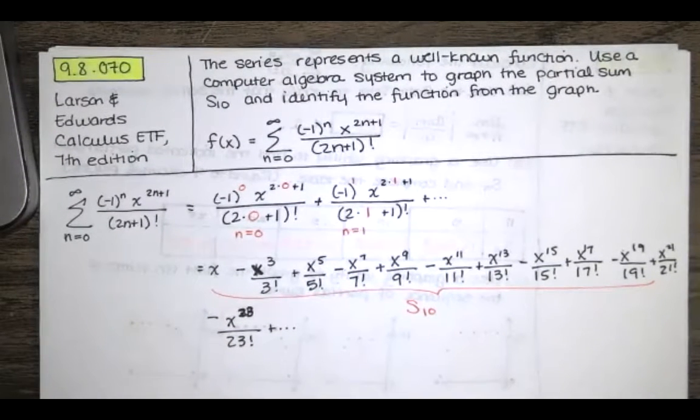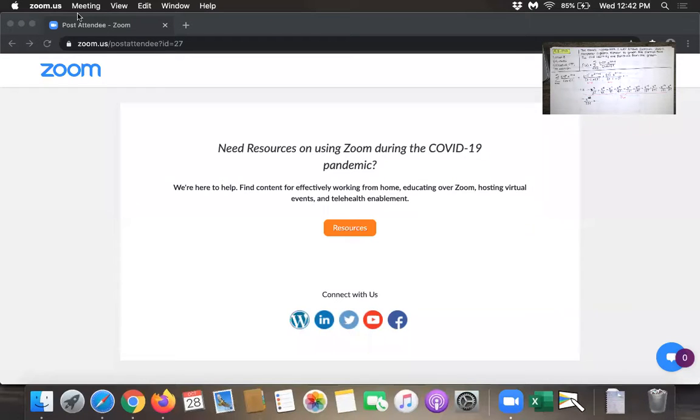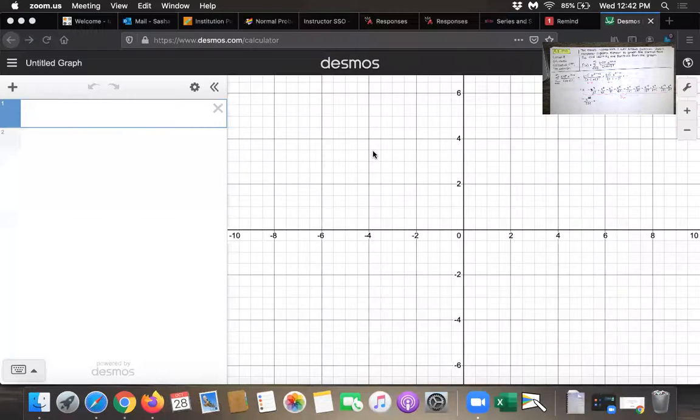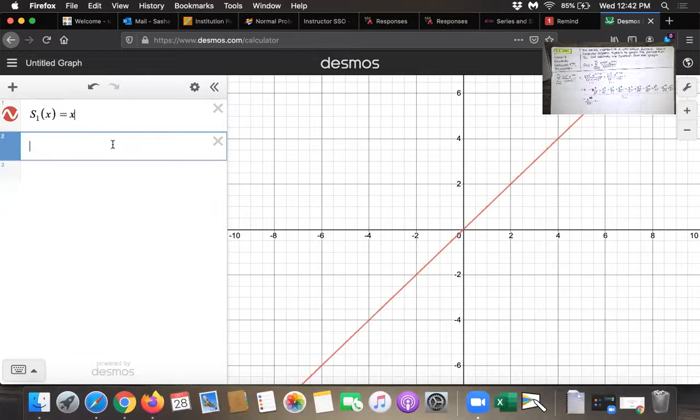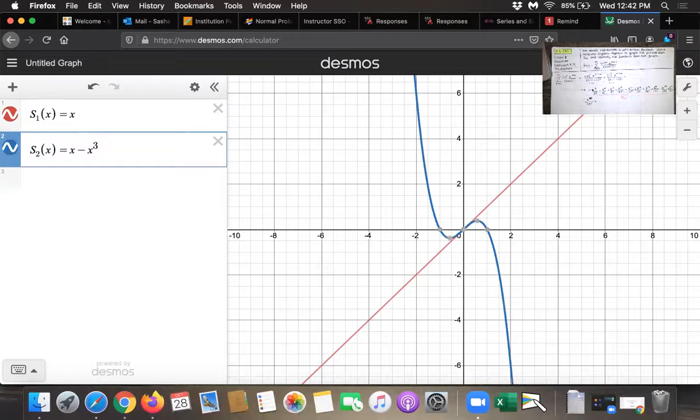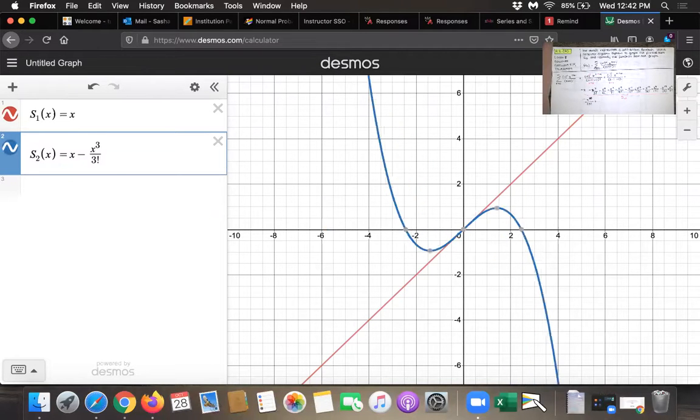I'm going to use Desmos.com. So I'm over here in Desmos, and I'm just going to graph capital S sub 1 of x, and I'm going to call that x. And then I'll say s sub 2 of x is x minus x cubed over 3 factorial.